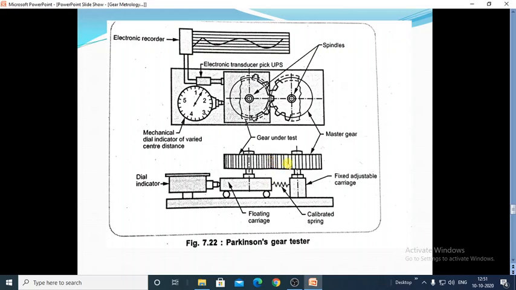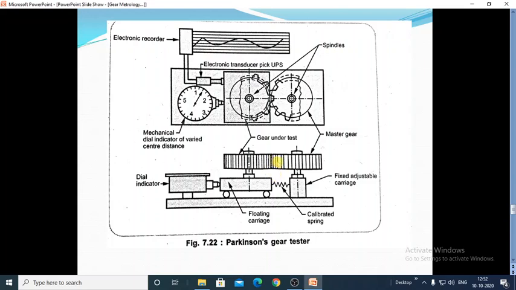If a spring loaded pair of gears in close mesh are rotated, then any error will cause a variation in the center distance.